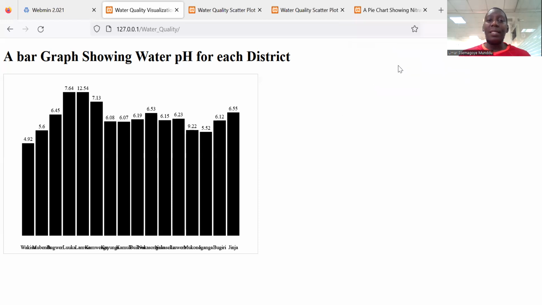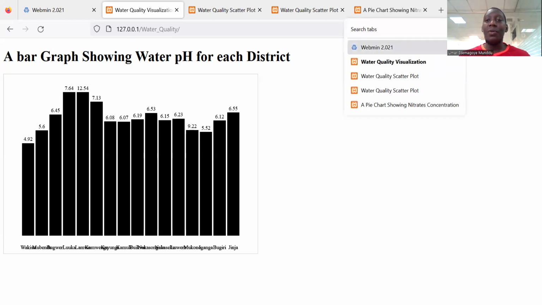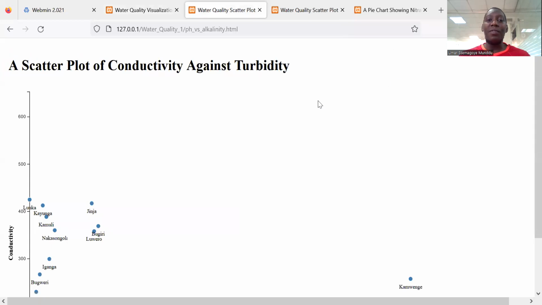The other aspect about the visualization is this scatter plot that I did that looks at the conductivity and turbidity of the water. The relationship typically shows a positive correlation between these two features of water.